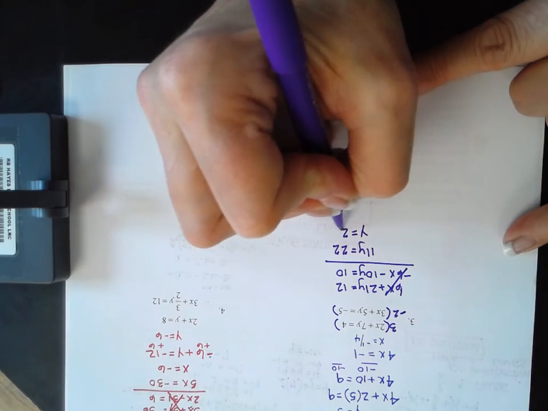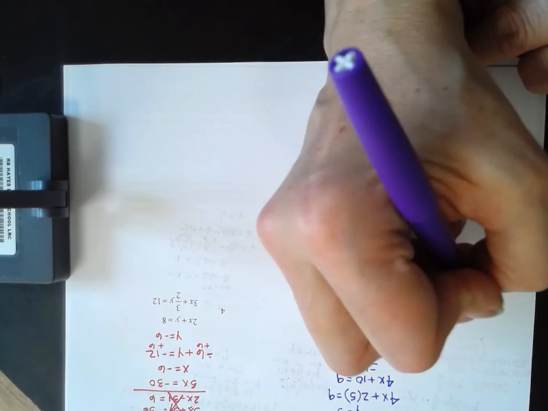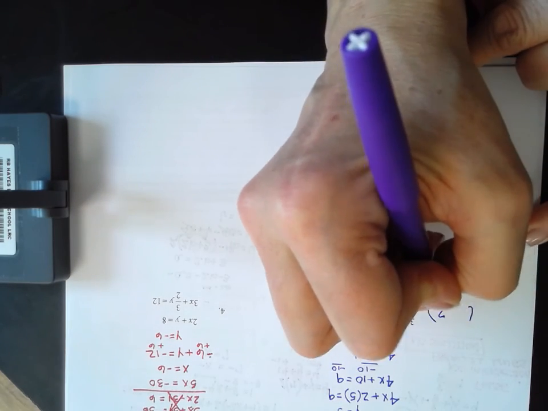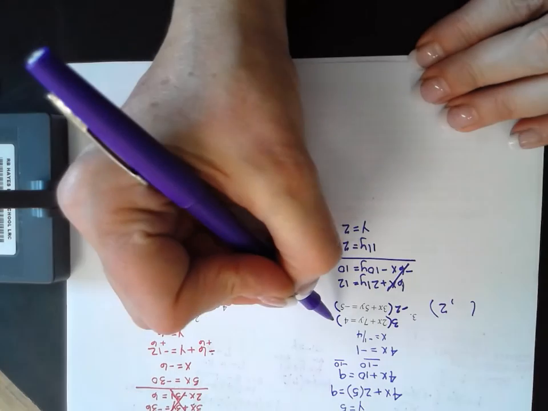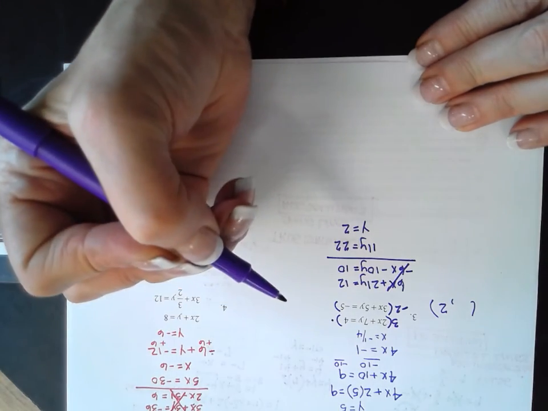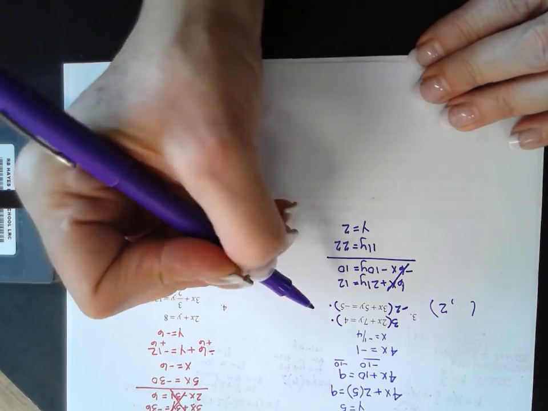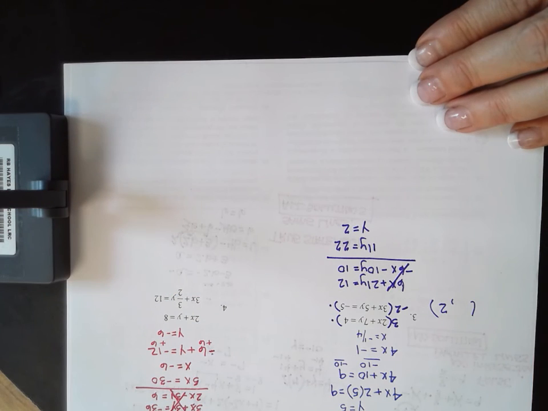And so y is equal to 2. Now, to find my x, now that I know what y is equal to, I could put it in the very first equation. I could put it in that second.